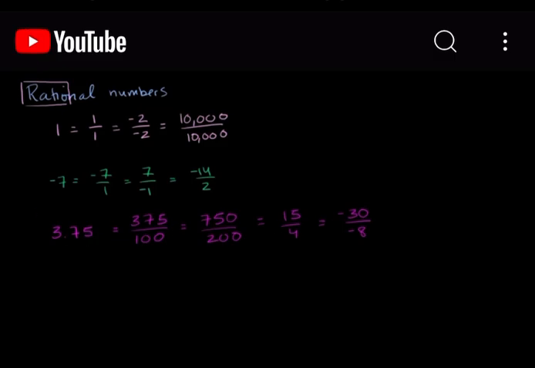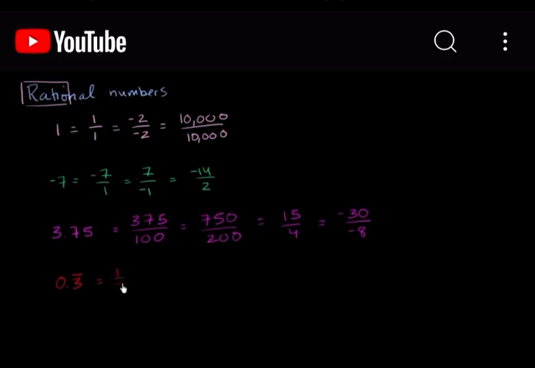Now, what about repeating decimals? Well, let's take maybe the most famous of the repeating decimals. Let's say you have 0.333, just keeps going on and on forever, which we can denote by putting that little bar on top of the 3. This is 0.3 repeating. And later we'll show how you can convert any repeating decimal into a rational, as the ratio of two integers.